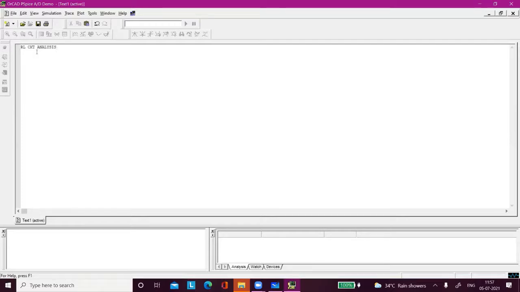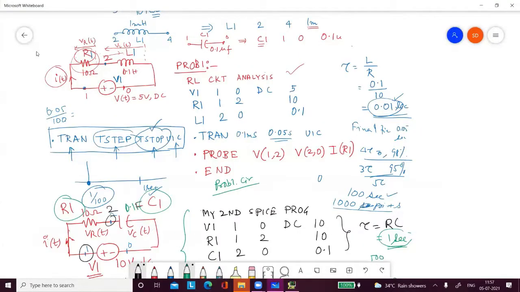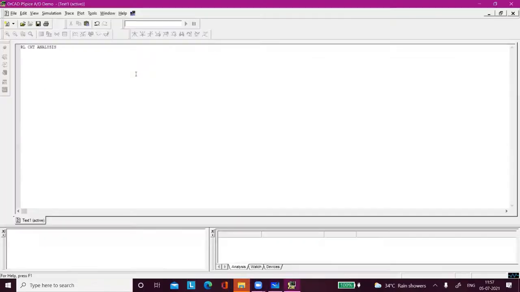Now, what was it? Do you remember the circuit? V1 1 0 DC 5. This is 5 volt DC, 10 ohm resistance and 0.1 henry. So 5 volt DC, V1 1 0 DC 5.